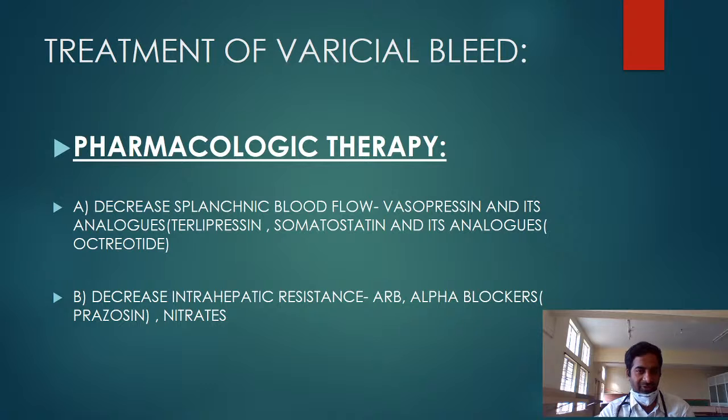Terlipressin is an analog of vasopressin, or somatostatin and its analogs like octreotide. Then to decrease intrahepatic resistance, give ARBs, alpha blockers like prazosin, and nitrates. So in pharmacological therapy, these two are the most important parts of management: vasopressin and its analogs, and ARBs and alpha blockers.